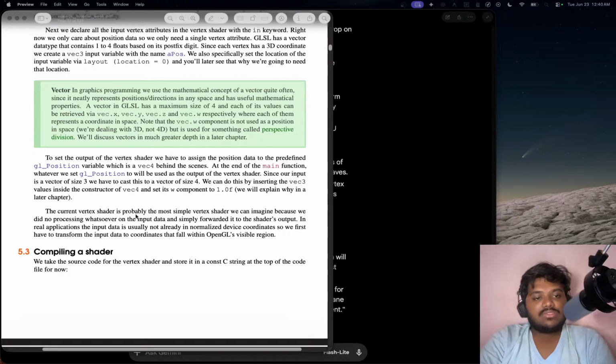Since our input is a vector of size 3, we have to cast this to a vector of size 4. We can do this by inserting the vec3 values inside the constructor of vec4 and setting its w component to 1.0. We will explain why in a later chapter.